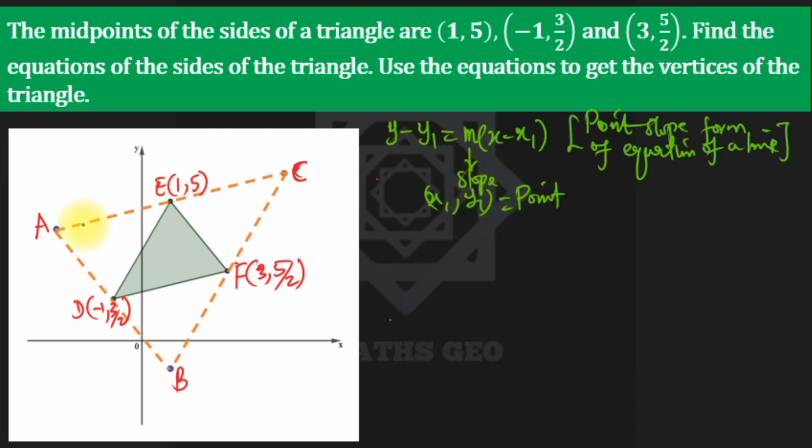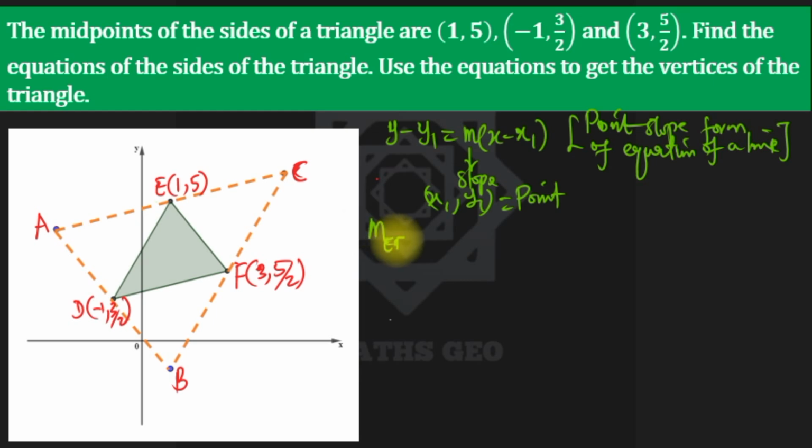So we need to get the slope of line AC for us to find the equation of line AC, and also the others. And how do you get the slope? Let's first get the slope of line EF.